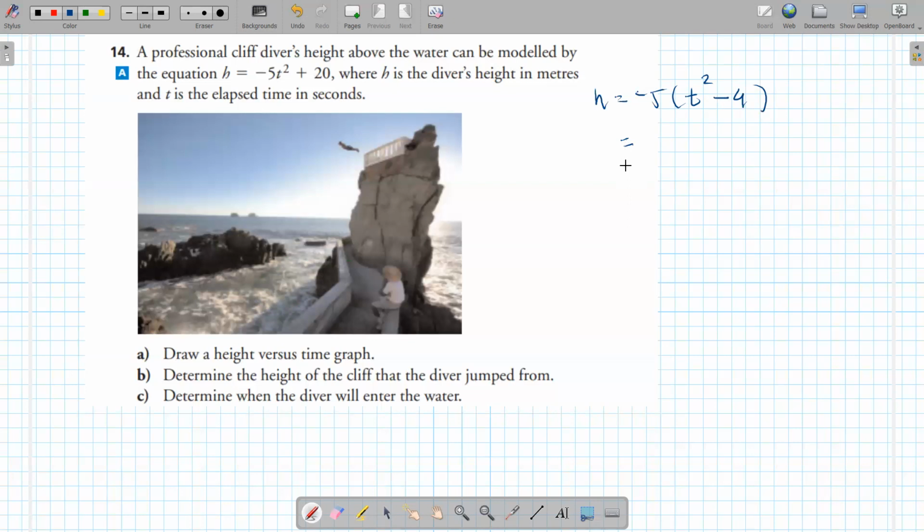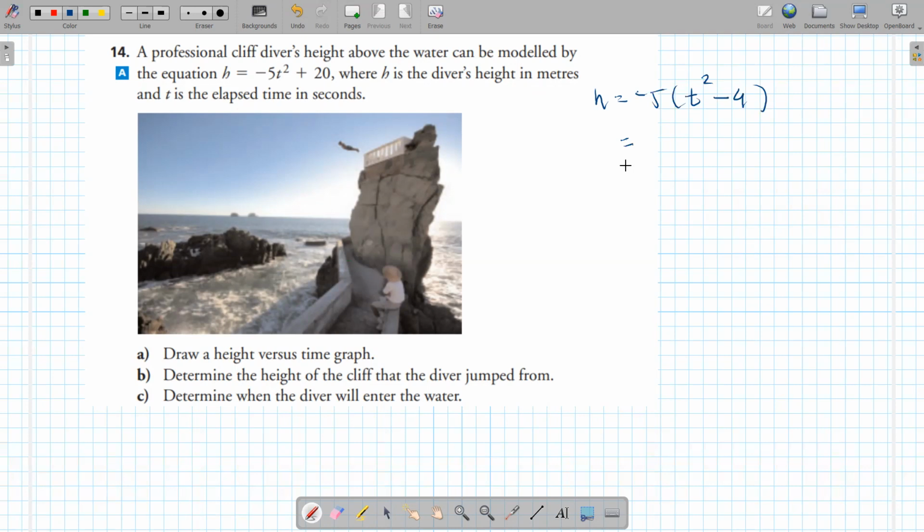Can we factor t squared minus 4? The answer is yes, but you can't use the method for trinomials, when you have 3 terms. This is a binomial, which has 2 terms.